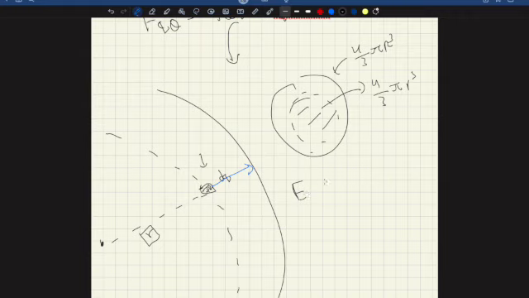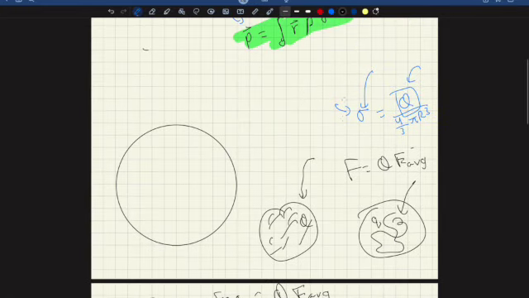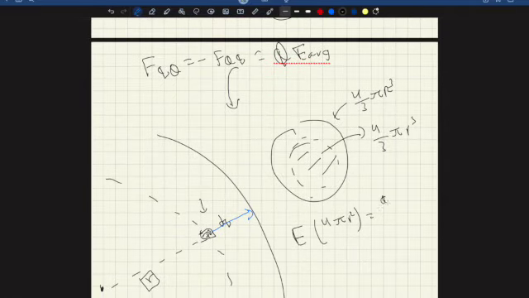Using Gauss's law, the electric field times 4 pi small r squared equals the total charge. Now the total charge will be this charge density multiplied by the volume inside here, right? So it'll just be Q over 4/3 pi capital R cubed times 4/3 pi small r cubed, and this will be over epsilon naught.